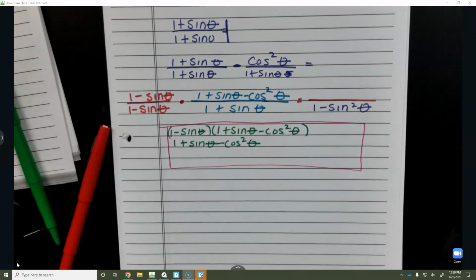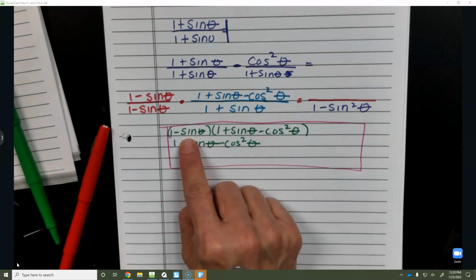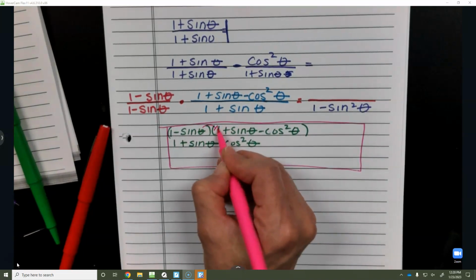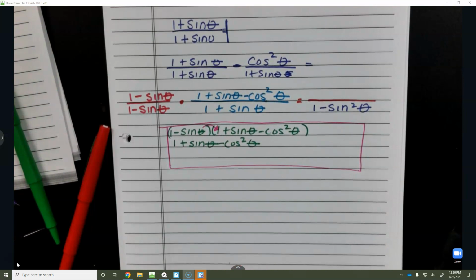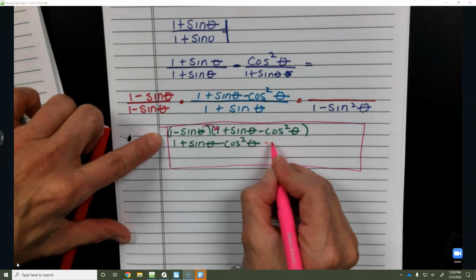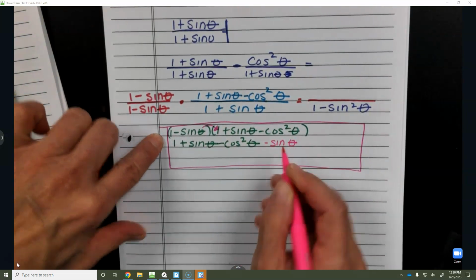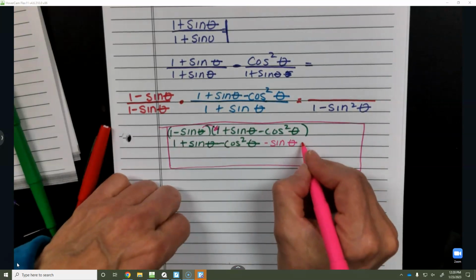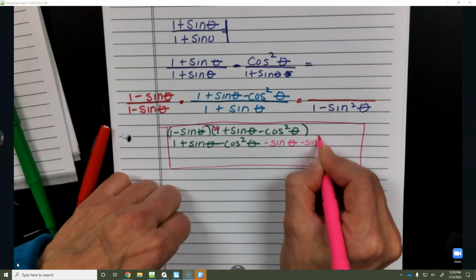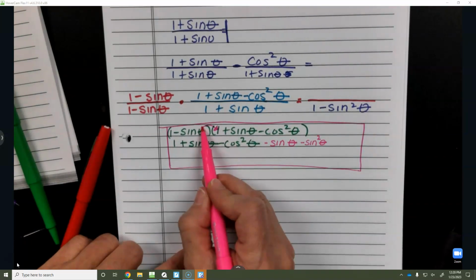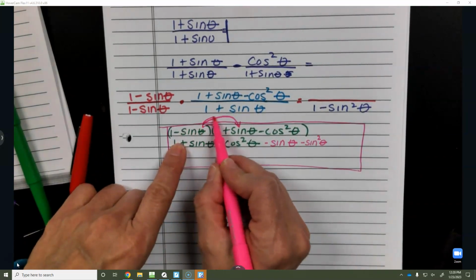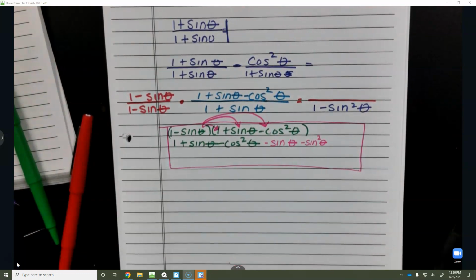All right, now be careful because now we're going to multiply a negative sine theta. So a negative sine theta times 1 obviously is negative sine theta. Guys, what's negative sine theta times positive sine theta? Yes, minus sine theta squared. And then, y'all, a negative sine times a negative cosine squared.